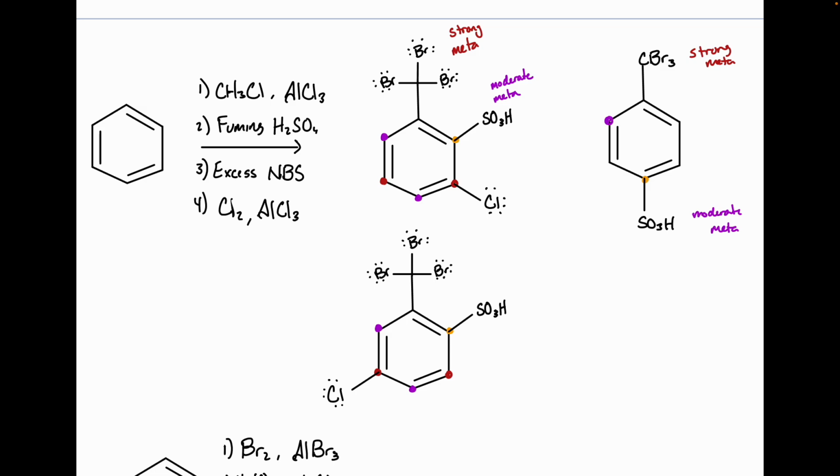So these are my one removed meta positions from the sulfonic acid, whereas this is my meta position to my CBr3. And again, the CBr3 is the strong one, so that's going to win. In this case, they are two identical positions, so I'll only get one more product. Okay?